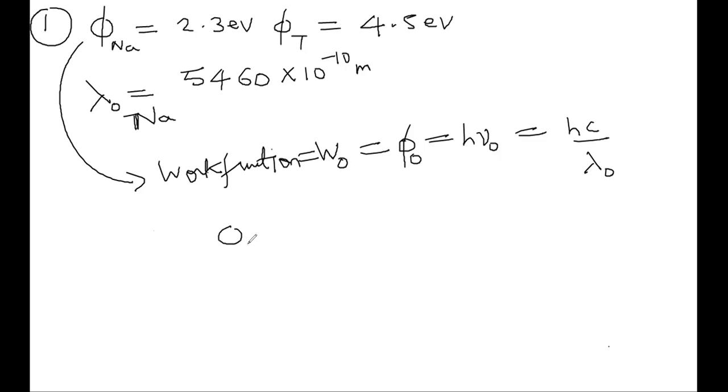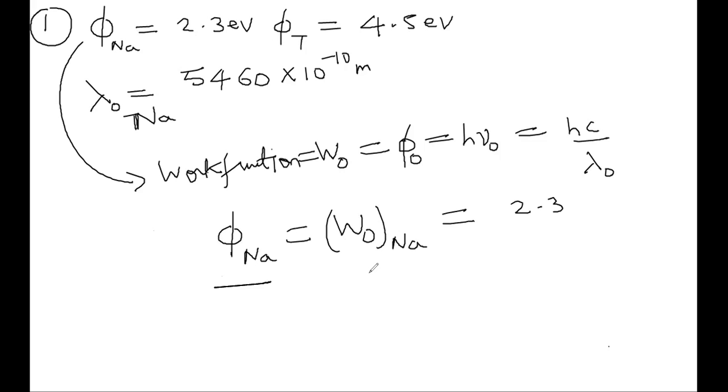So phi of sodium, which according to your textbook notation is W naught of sodium, is equal to 2.3, divided by phi of tungsten, which is W naught of tungsten, with value 4.5.